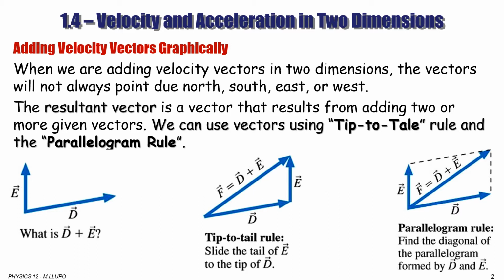So from the tip of E parallel to D, and from the tip of D parallel to E. When those two lines intersect, that will be the tip of the resultant, the sum of those two vectors. In this case, vector F is equal to vector D plus vector E, and it starts where those two vectors start and ends where those parallel lines intersect.